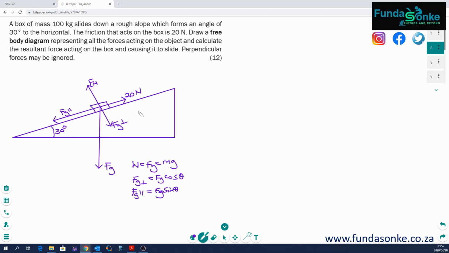Okay, so since we have now drawn our force diagram, the question says we need to draw a free body diagram. So therefore, our free body diagram would look like this.